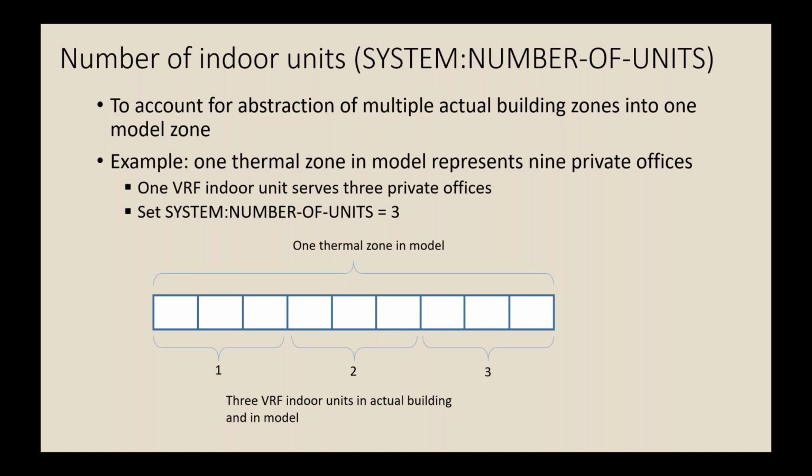Or do you think it is better to make that one big zone and then put something above 1 on number of units? I think generally it makes more sense to keep it one big zone as long as there's not a reason for diversity of loads to separate them.